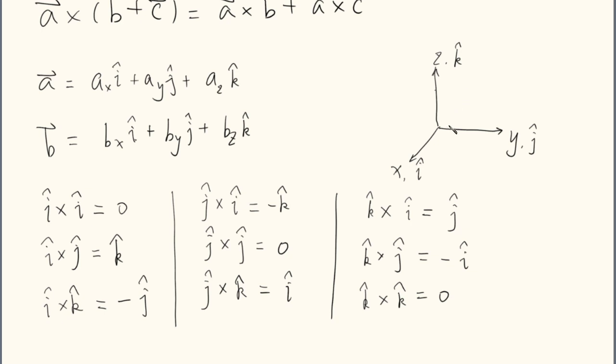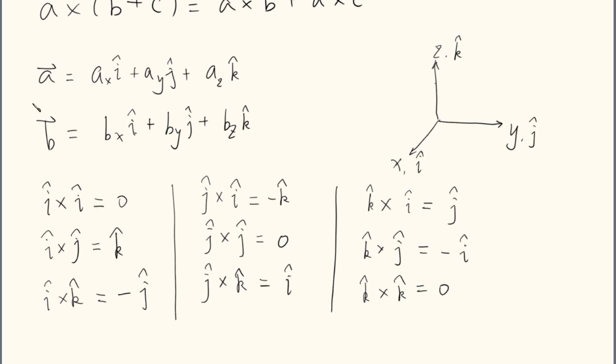Using the right hand rule, we will get the cross products of these vectors. i roof cross i roof: the angle is 0, so this vector is 0. i roof cross j roof: using the right hand rule, the direction is up and the magnitude is 1, so it is k roof. i roof cross k roof: starting from i roof, moving to k roof, the direction is opposite to j roof, so it is minus j, and so on.